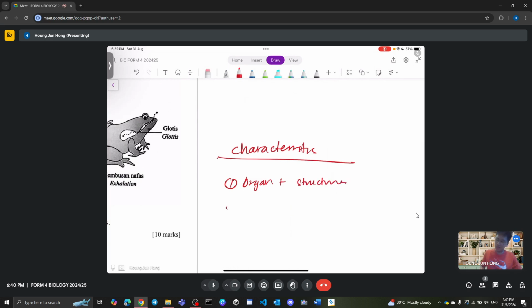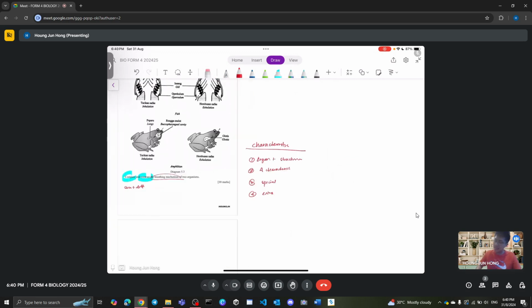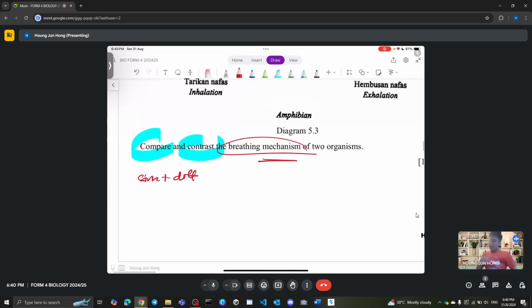You can talk about the 4 characteristics first. How is it different from everyone? And you can talk about each of their specific characteristics, and they will have a bit of extra points, like maybe the opening, maybe the pathway, etc. So these are the typical stuff. But now you're talking about the entire mechanism, then it's a bit different. We have to actually go and compare their mechanism.